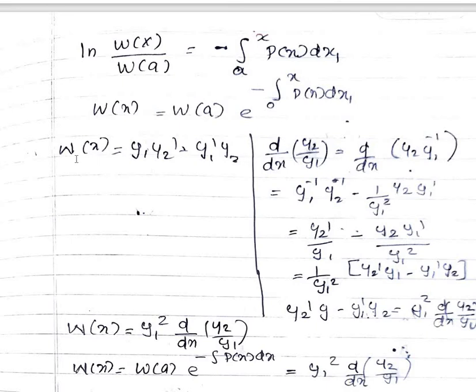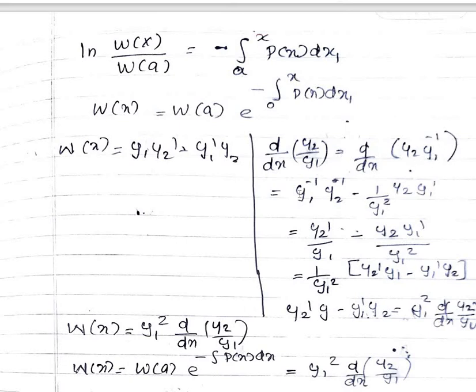And we know that the Wronskian W(x) is given by y1 y2' - y1' y2. Now we are going to write another equation for this. For obtaining that, we are going to differentiate d/dx of y2/y1. What is d/dx of y2/y1? It is given by d/dx of y2 times y1 raised to minus 1.